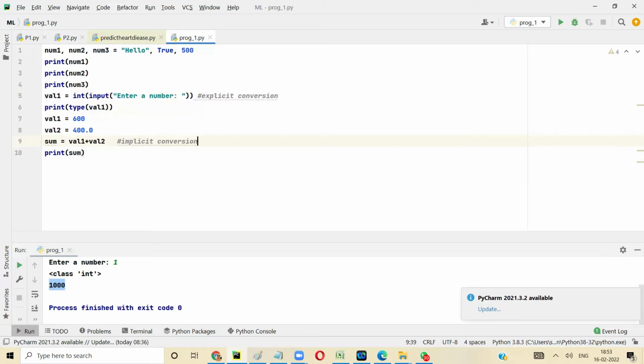So int is used to convert into our decimal number system. Apart from that, we have bin. If you want to convert into binary, we use bin. So see int, we have seen this, right? Integer is an integer in decimal number system.